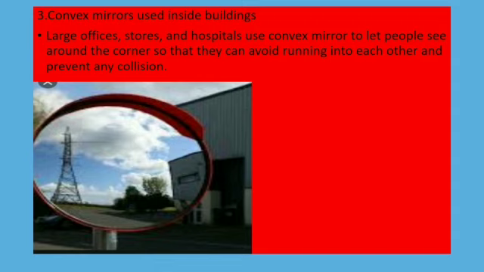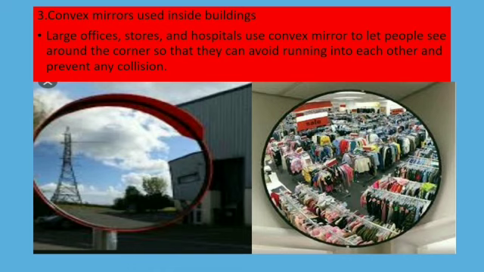There, these convex mirrors will be installed in order to avoid accidents. Similarly, to avoid running into each other or to prevent collision, in the malls also, and in the hospitals also, these kinds of convex mirrors are installed.